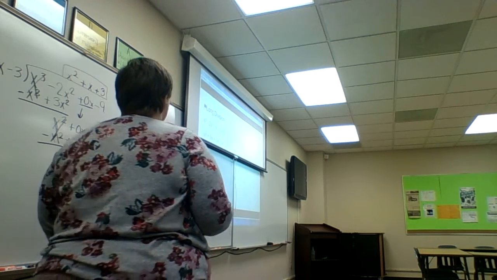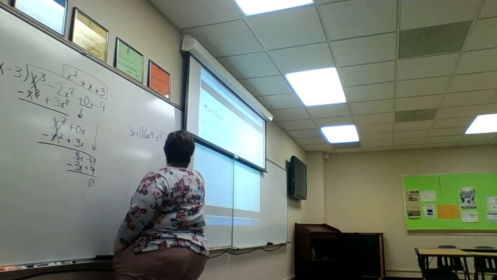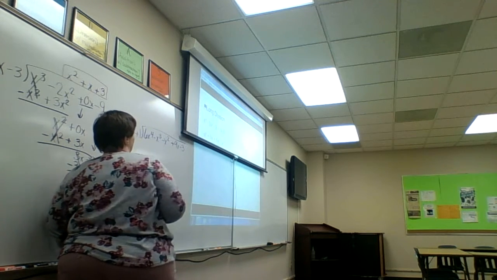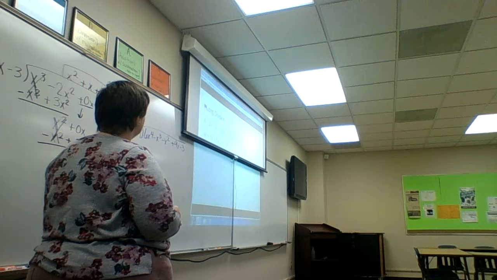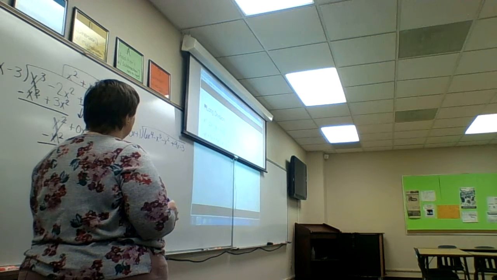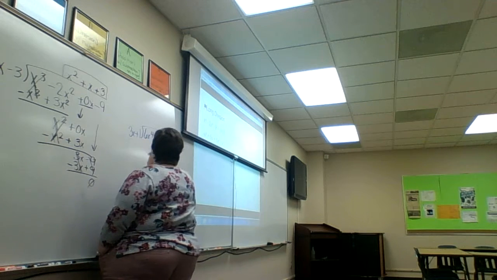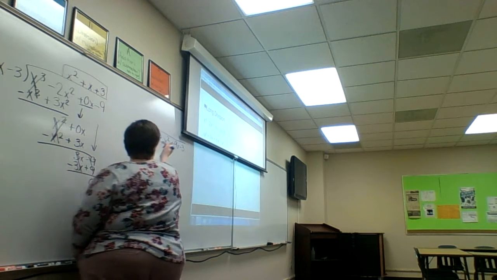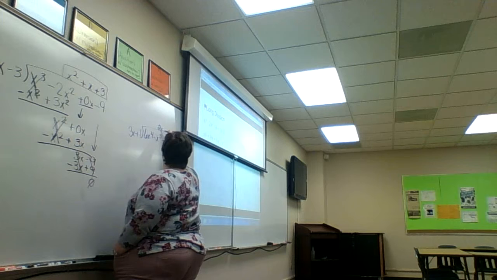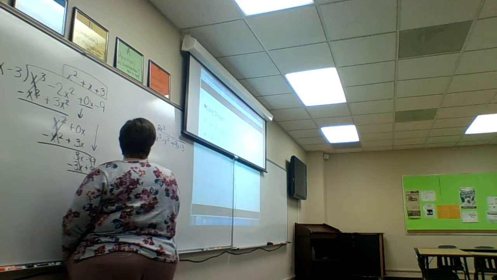Okay. X to the fourth, x to the third, x squared, x. So I have all of those in descending order. So how many times will 3x go into 6x squared? 2x to the third. All right, 2x to the third.